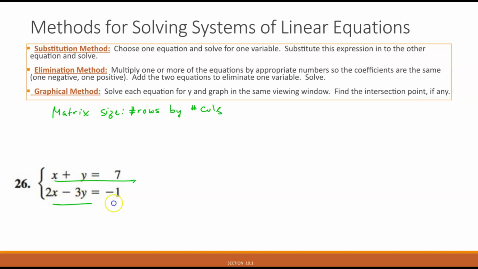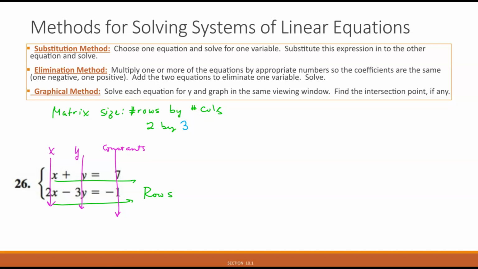Rows go this way. And columns go this way. I want a column for X information, a column for Y information, and a column for the other side of the equal sign, so that's these constants. So that would be a 2 by 3 matrix.